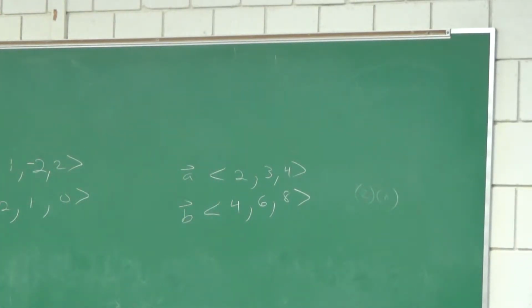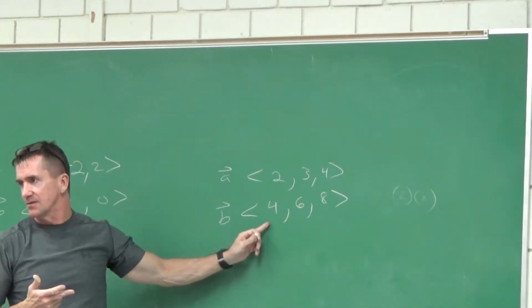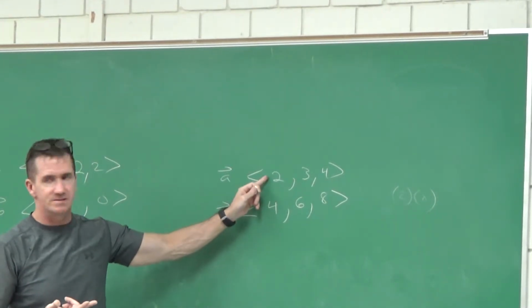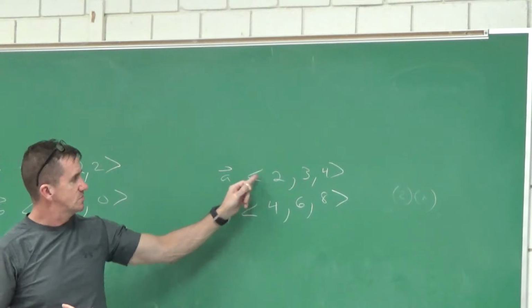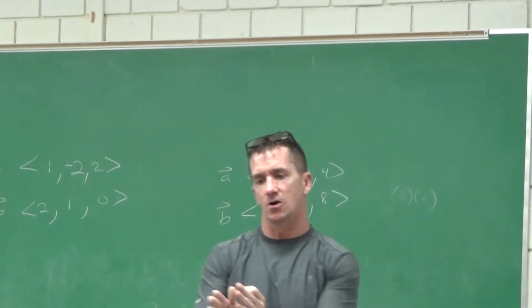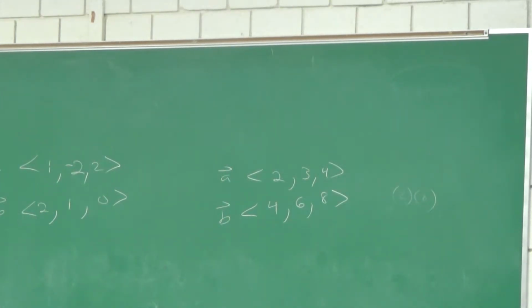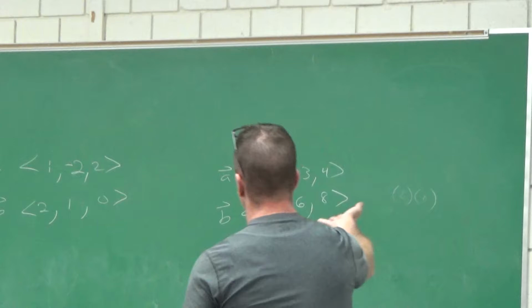So how can we tell two vectors are just parallel to each other? This thing won't help us much, right? That was for perpendicular. But one will be a scalar multiple of the other. And that means you can think of this as what? This right here is 2 times vector A. And so that's how you can tell whether or not two vectors are running in the same direction and parallel to each other: if one is a scalar multiple of the other.